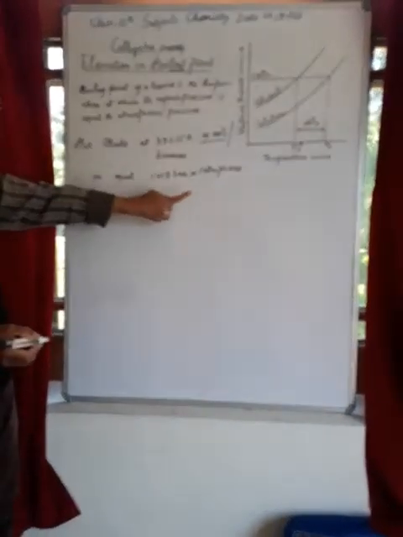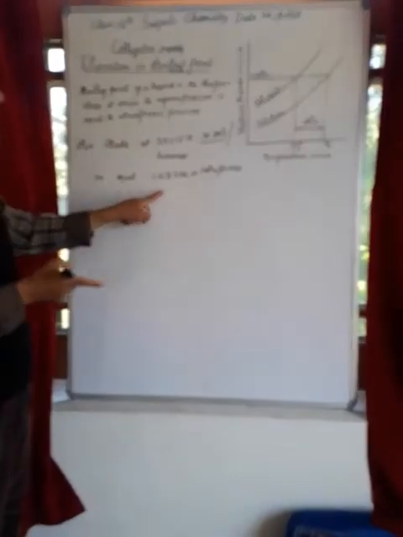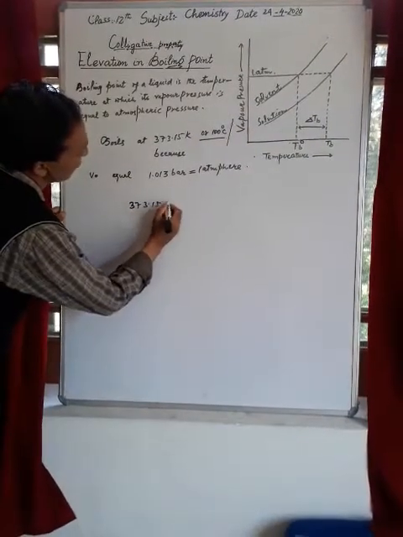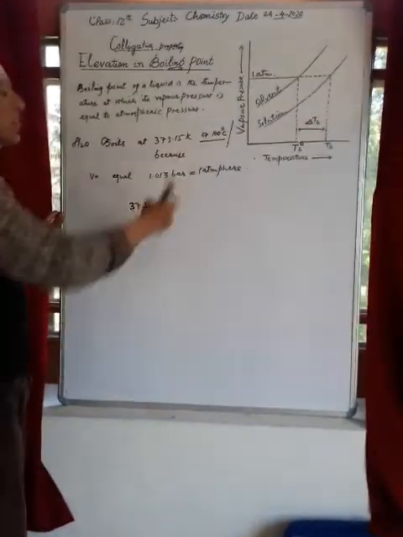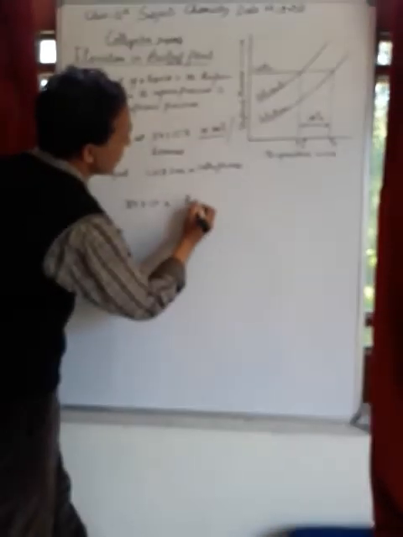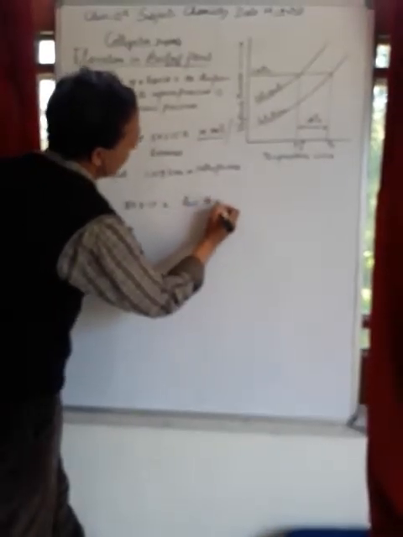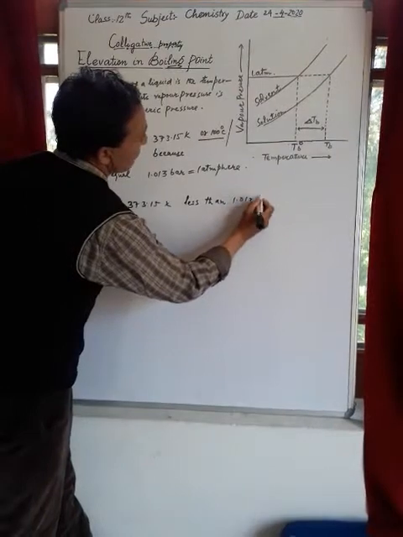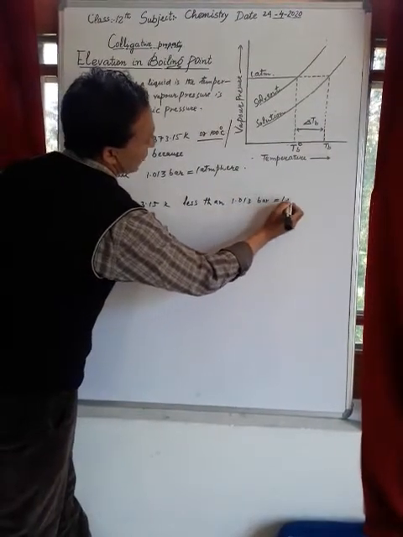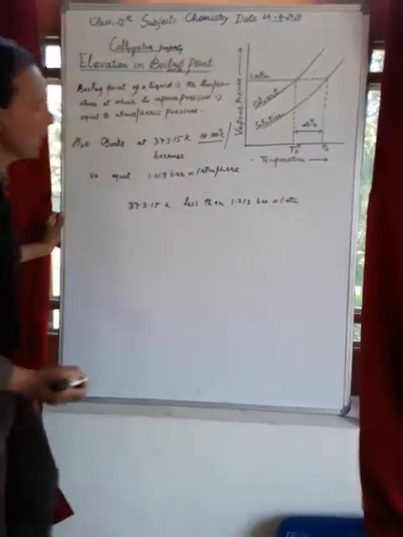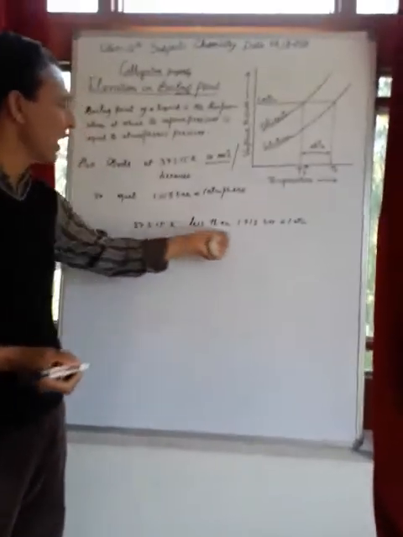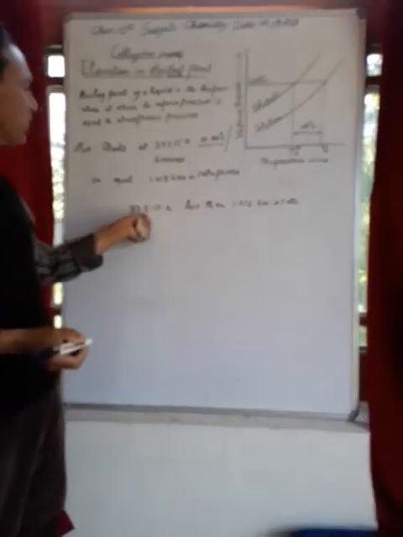The vapor pressure of the starch solution at 373.15 Kelvin or 100 degrees Celsius is less than 1.013 bar or 1 atmosphere. As a result, what will happen? It will not boil at 100 degrees Celsius or 373.15 Kelvin.